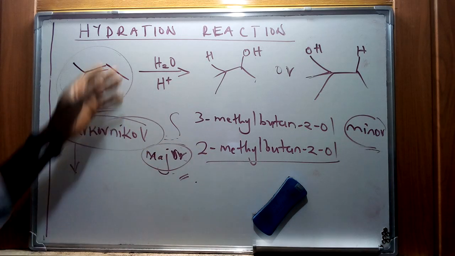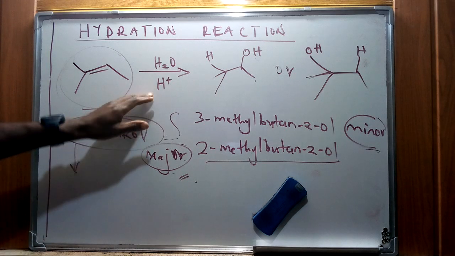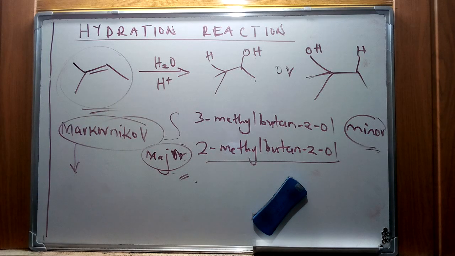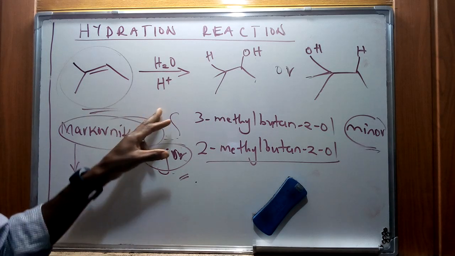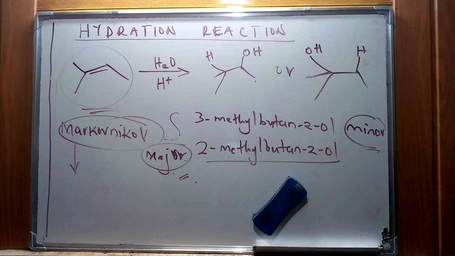I hope that this concept of hydration reactions has assisted in creating a relationship between this one and the reaction of electrophilic halogenation. This sequence of reactions that we're considering in organic chemistry is very important to us, since I had mentioned in our first video the applications of these individual reactions.